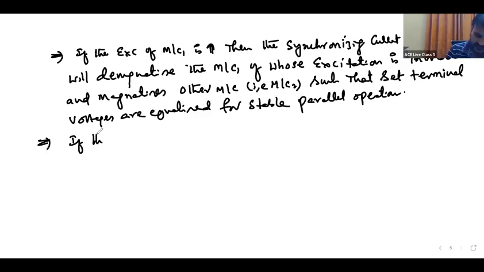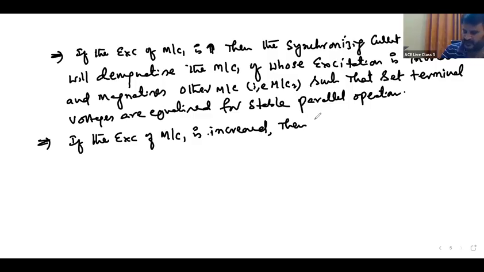Next. If the excitation of machine 1 is increased, then the set terminal voltage will increase.